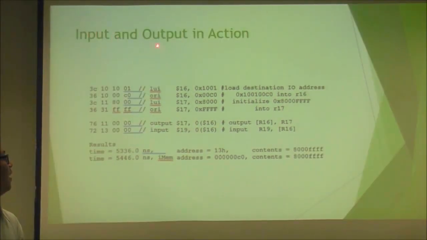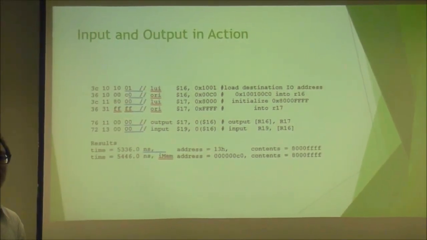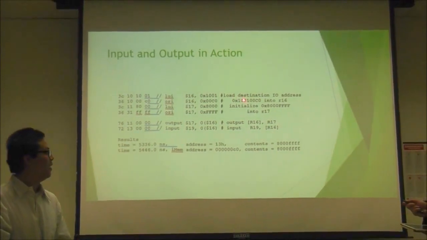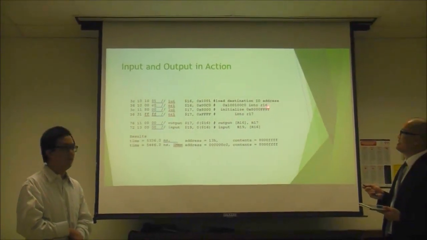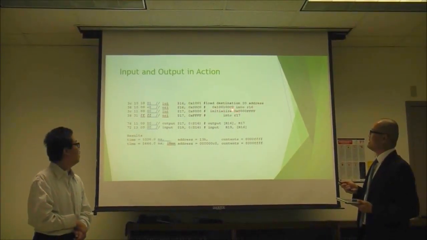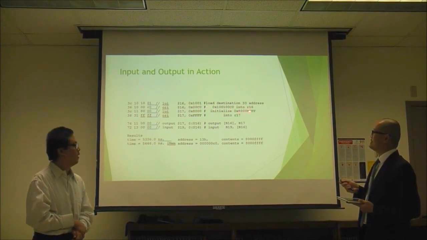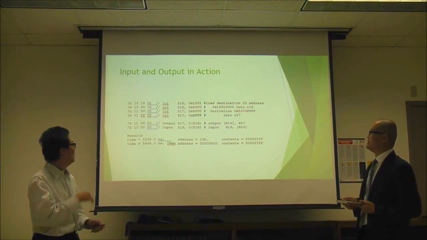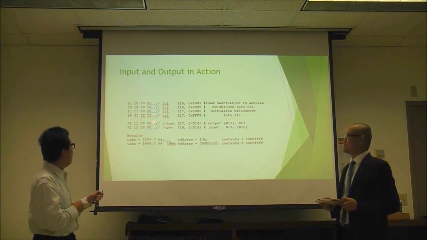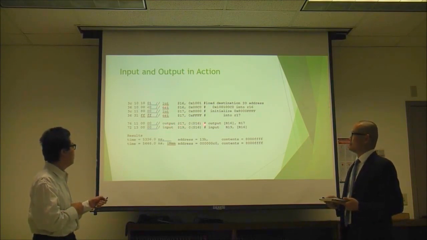Following that, this is how the input and output work in action. First, we load 100 C0 into register 16. Then we initialize register 17 with 8000 FFFF. So our first instruction after these loads is output 17, 0, 16.